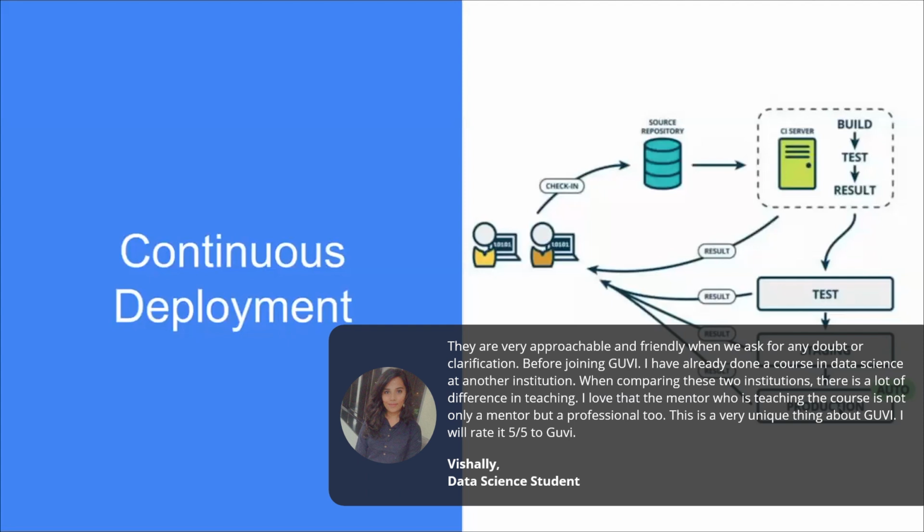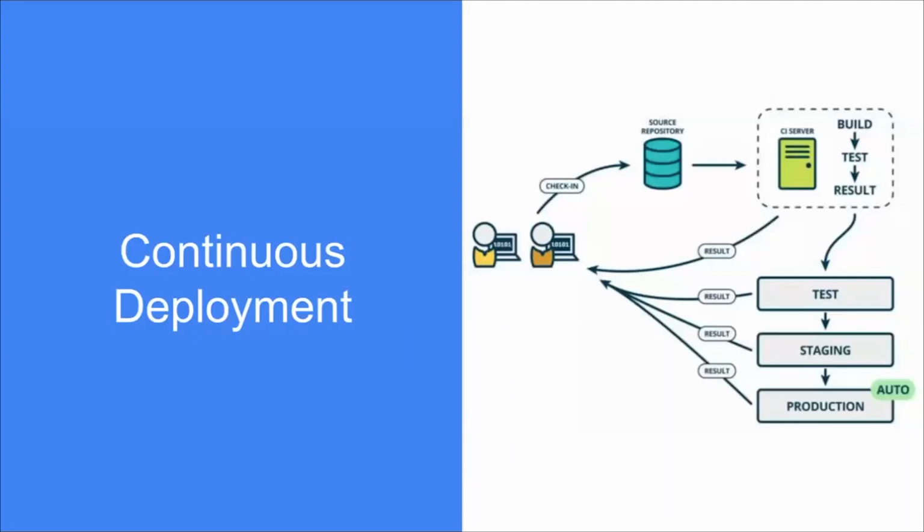Once you approve, then in continuous delivery your code will get deployed to the production server. Otherwise, it will go only to staging. It is up to you how you configure it, but this is the main point where continuous delivery and deployment differ.